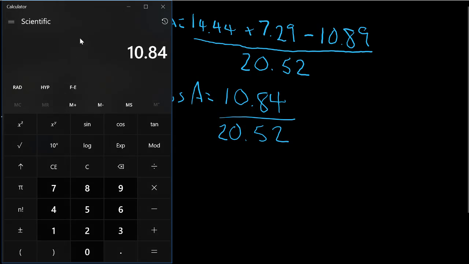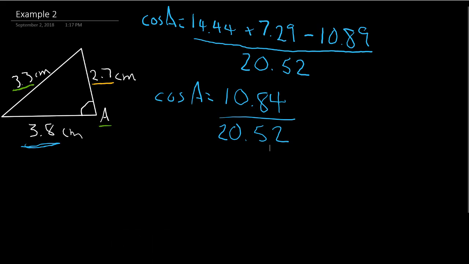So now we're going to divide this by 20.52. I get 0.5282, and so on and so forth. Normally I would round this, but because I already have this up, I'm actually going to go back to here. I'm going to show you how we get rid of the cos on that side again. This should be review.